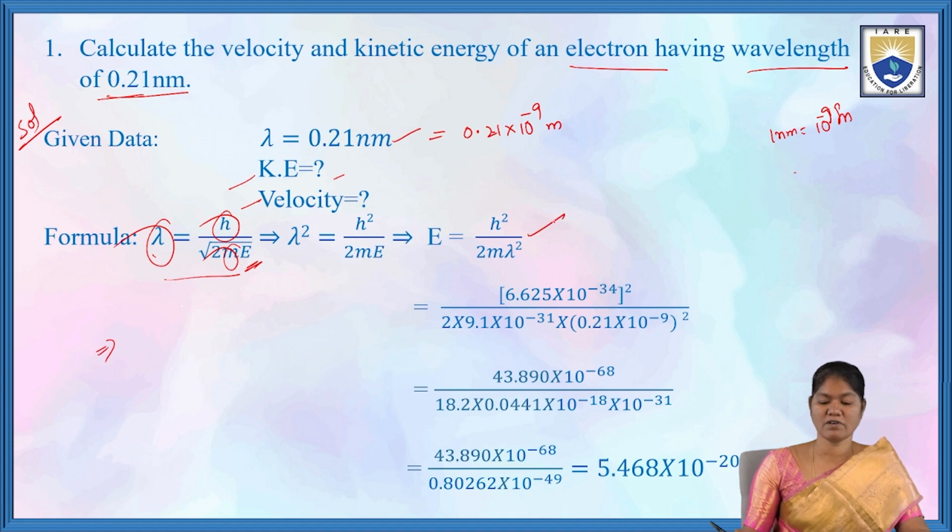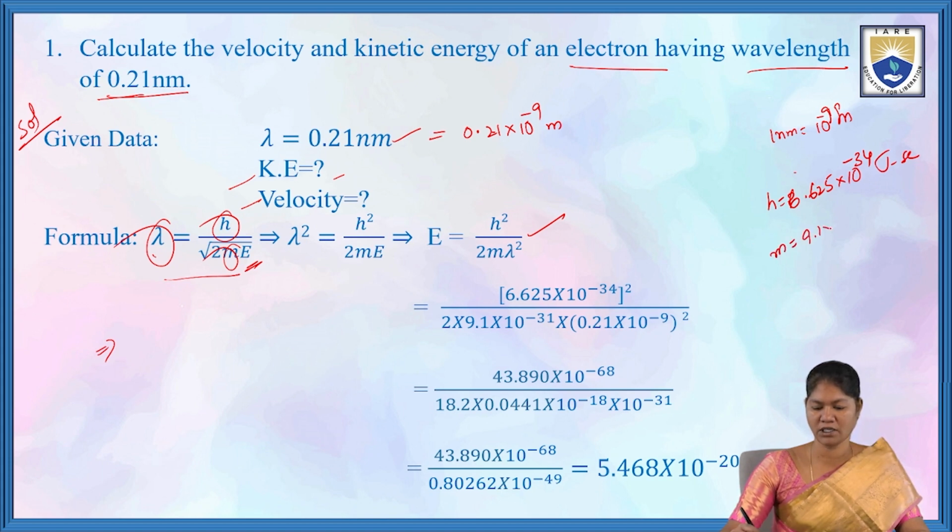Substituting the values: h is equal to 6.625 into 10 power minus 34 joule second, m is the mass of the electron 9.1 into 10 power minus 31 kilogram, and the wavelength is 0.21 into 10 power minus 9.